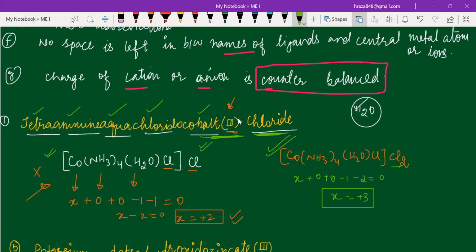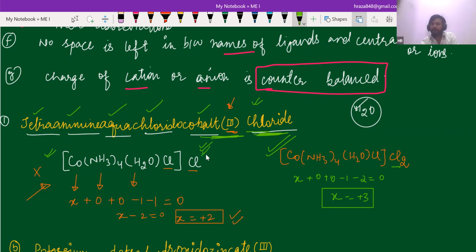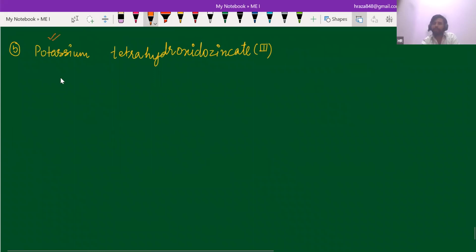So if the space is left for the right, this chloride will be used after the bracket. If there is anything on the left hand side and there is a bracket, that will be used before the bracket. Are you getting my point? In this case, chlorine is used on the right hand side, and in this case the chlorine will be used on the left hand side because it's a positive metal before the bracket.